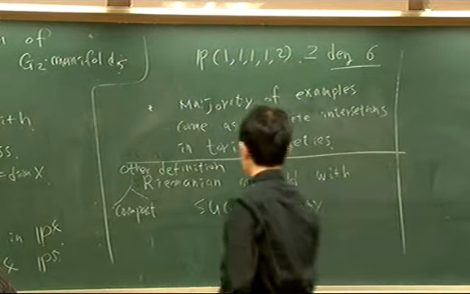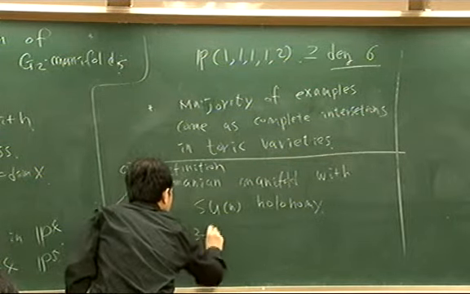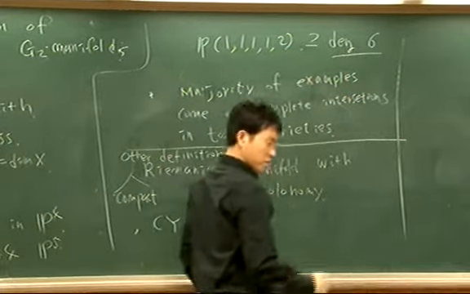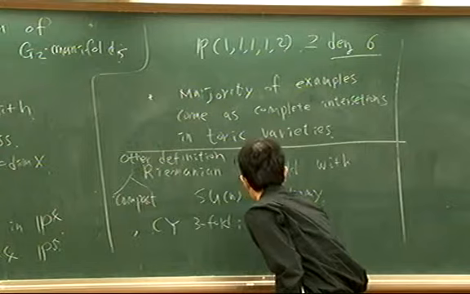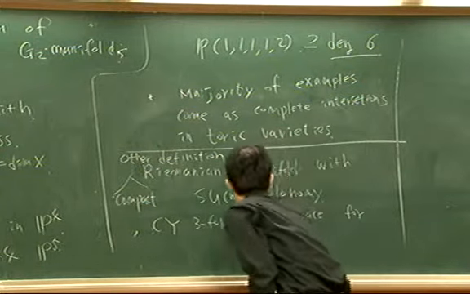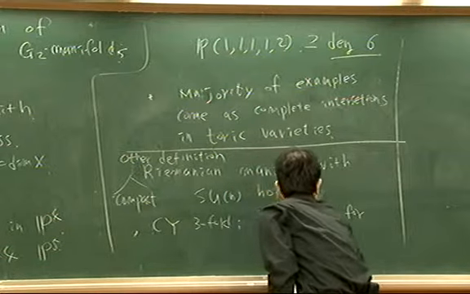So in this respect, the Calabi-Yau threefold is, in physics, where there is a theory called superstring theory, the base space for ten-dimensional superstring theory.